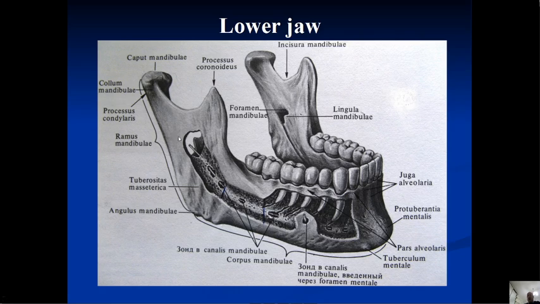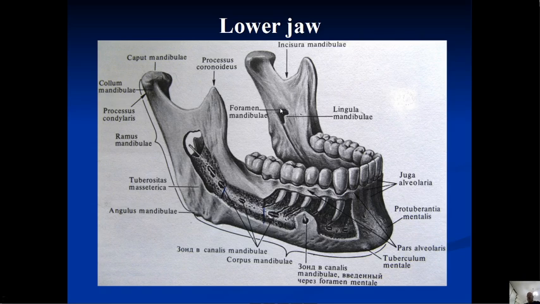Mandible, ramus so-called. And here are two processes. This is the coronoid process, and this is the condylar process so-called. Also, on the inner side of the ramus, we can see the mandibular foramen so-called.